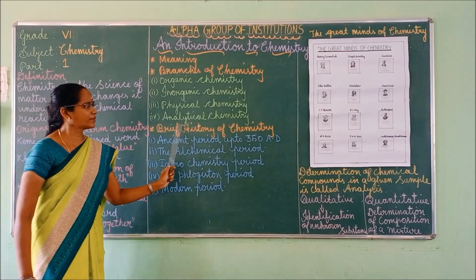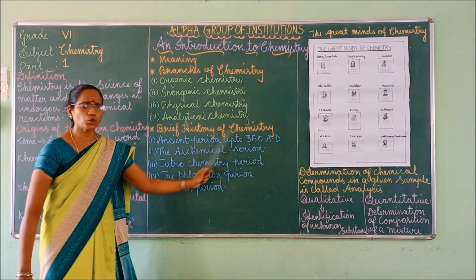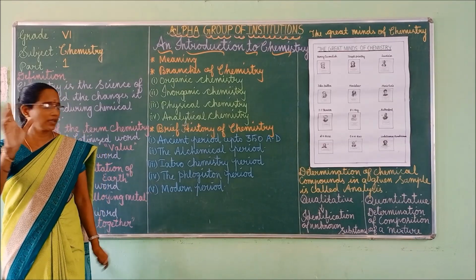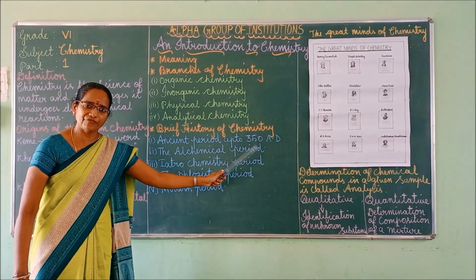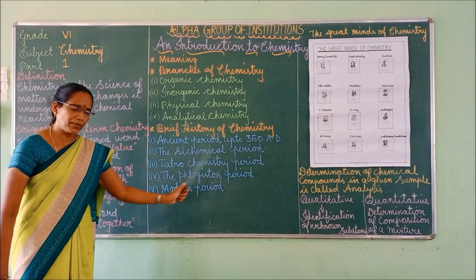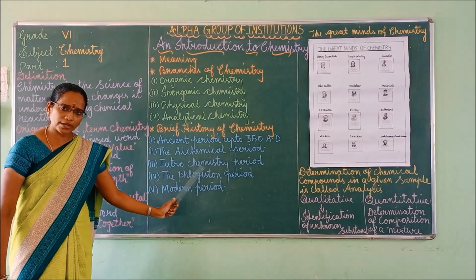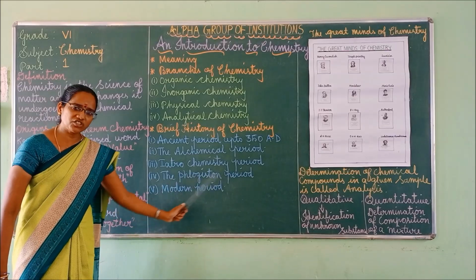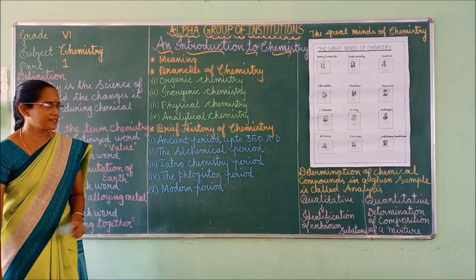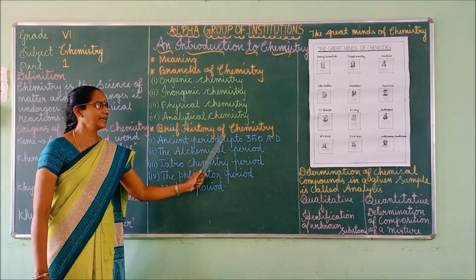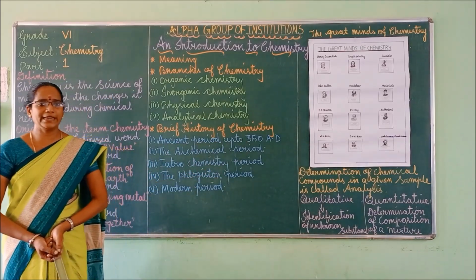The history of chemistry can be divided into 5 periods: the ancient period up to 350 AD, the alchemical period, the iatrochemistry period, the phlogiston period, and the modern period. First let me discuss the ancient period up to 350 AD.